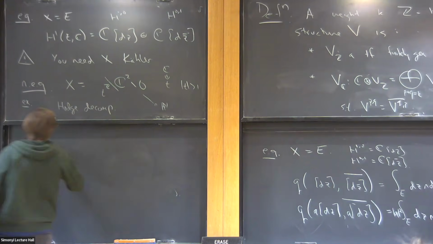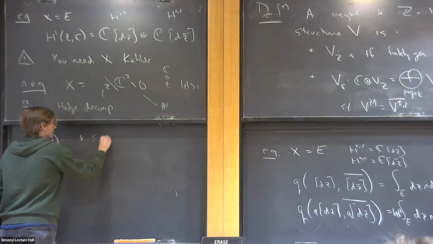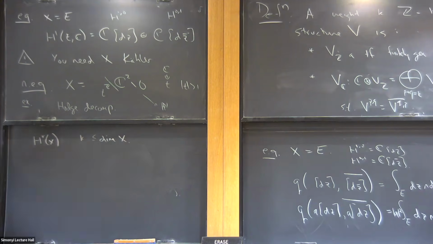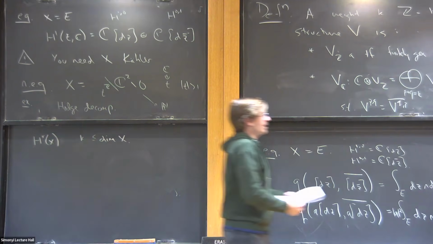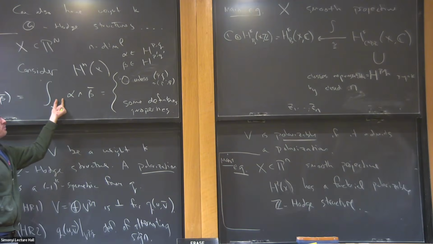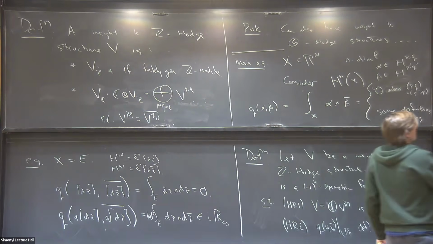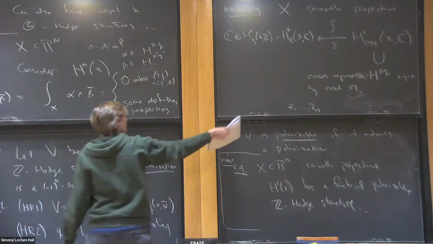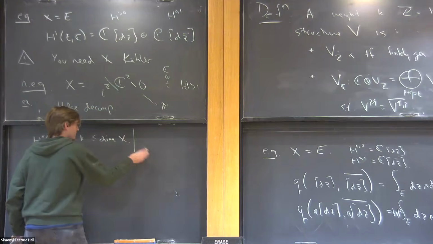So how do we make the form in general? For H^k(X), let's say for k smaller than or equal to the dimension of X, how am I going to build a form? It's basically going to be that, except it might be the case that this wedge is not top degree. So I just supplement it with the natural form that's lying around, namely the Fubini-Study form on projective space. Okay, so let me say that in these words.